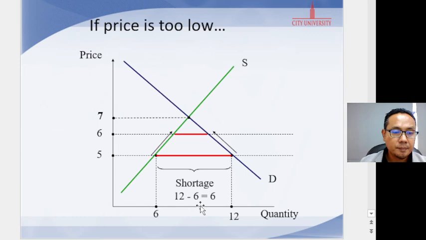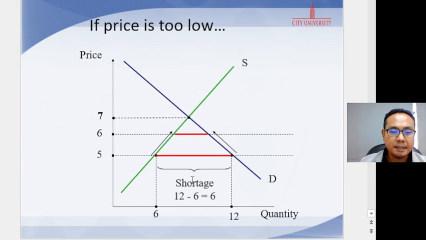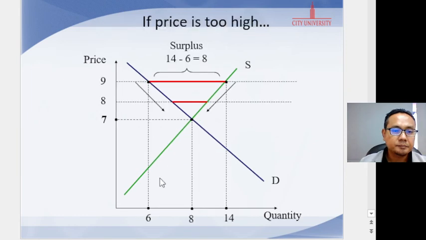Of course, in market equilibrium we try to get a steady state between supply and demand, and one of the key factors is the price. Let's say in this instance the price is too low. That means we can see the shortage here is very big. And what happens if the price is too high? Also, we have a problem getting a steady state: too much surplus.